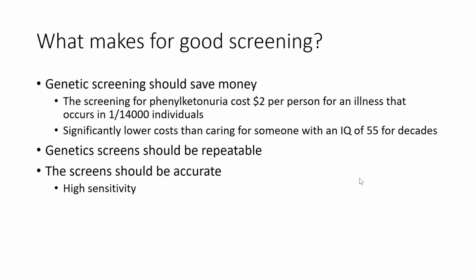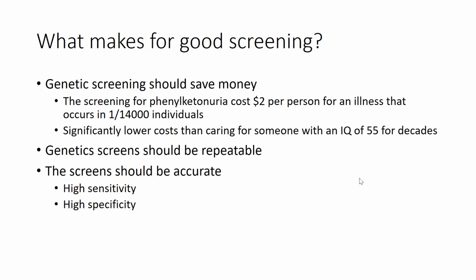And so sensitivity is a measurement of the percentage of people with the illness that actually get a positive result on the screening. And so the higher the sensitivity, the lower the likelihood of a false negative, of actually having a negative reading for somebody that has the genetic illness.